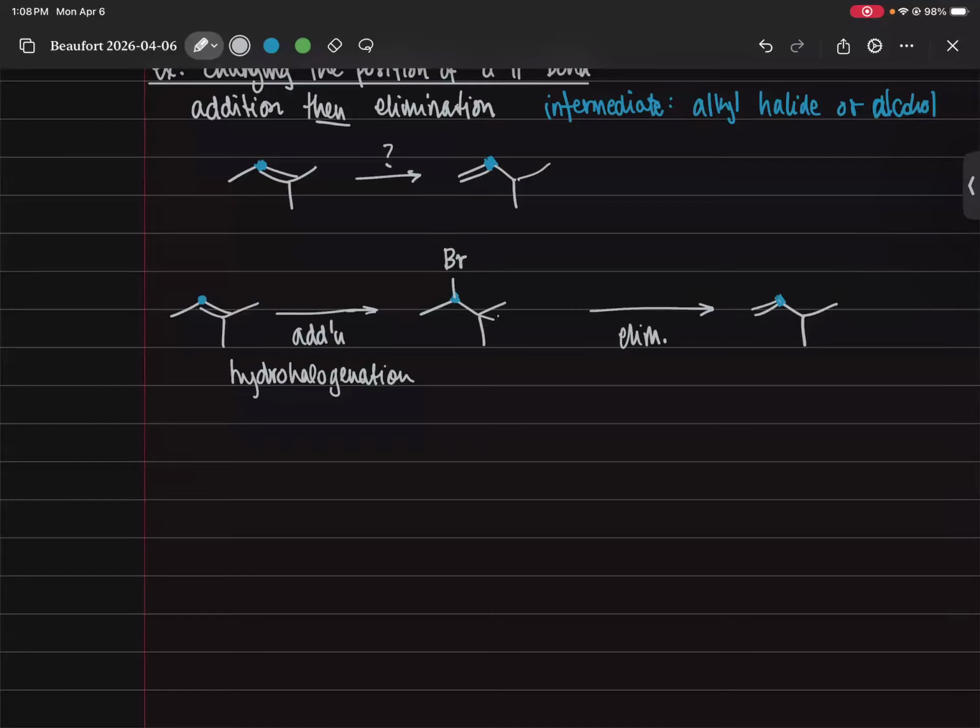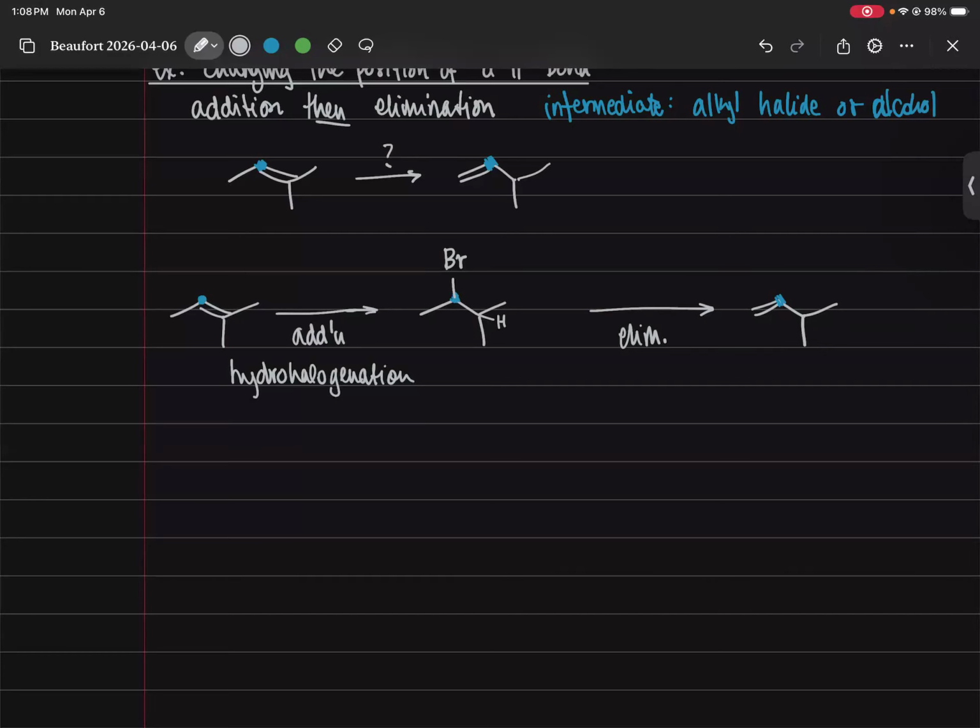Technically, it's, oh no, it's right there. Because when you do any type of addition reaction to a double bond, you're going to add something to one carbon and something to the other carbon. In this case, the hydrogen is not usually drawn, but if you're going to draw a hydrogen on that intermediate, that's probably the one you should draw because it's the one added in that reaction.